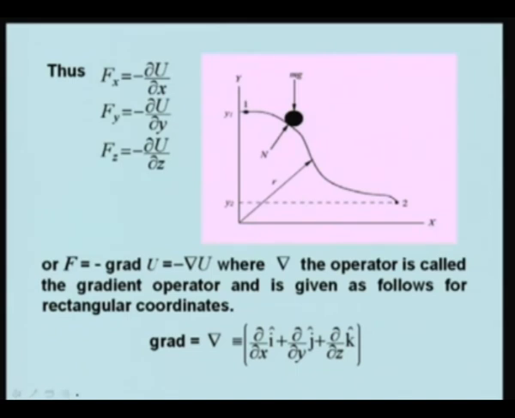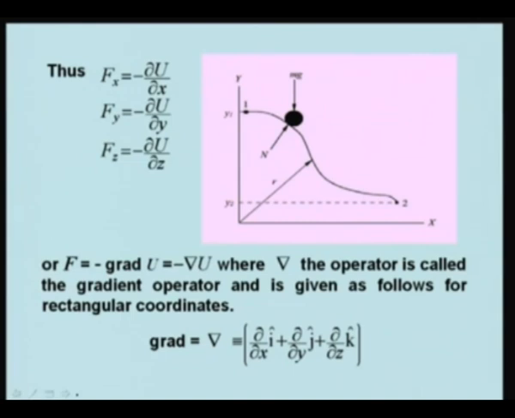Thus, Fx is equal to minus del U by del x, Fy is equal to minus del U by del y, Fz is equal to minus del U by del z, or F is equal to minus gradient of U, where U is a scalar field, and this is indicated by minus del U.